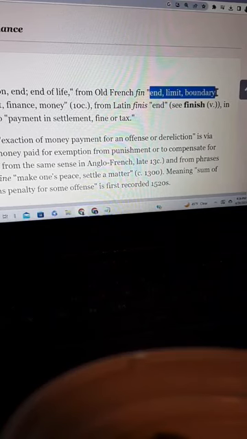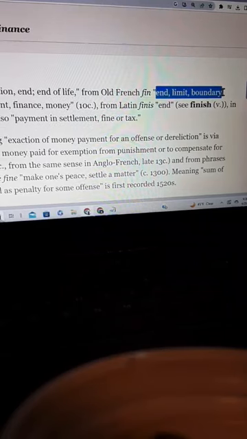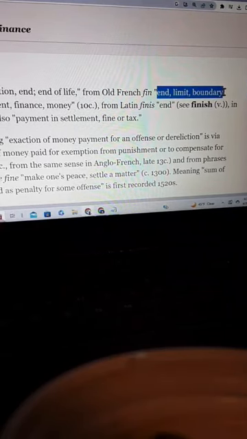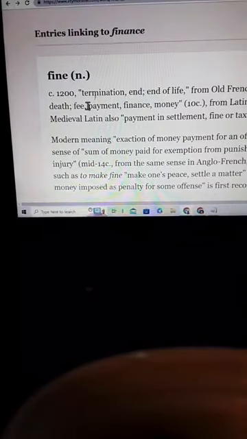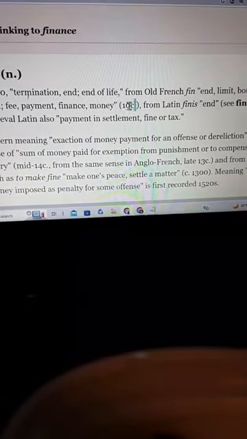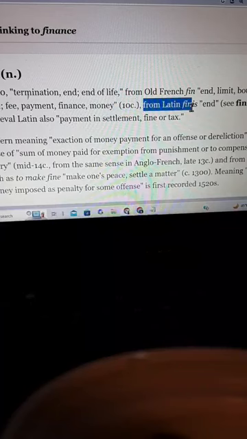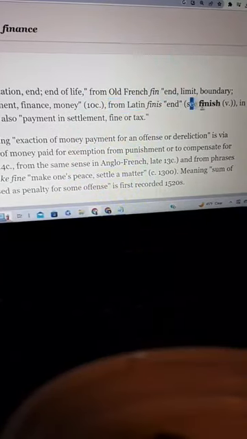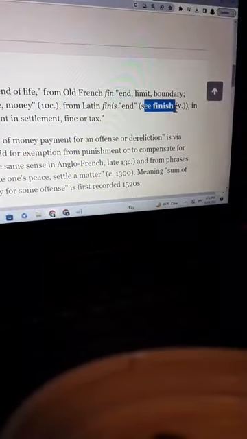In other words, you leave all men boundless. You don't provide bounds and boundaries. You live in abundance. Death. Fee. Payment. Finance. Money. 10th century. From Latin, finis. End. As in finish.